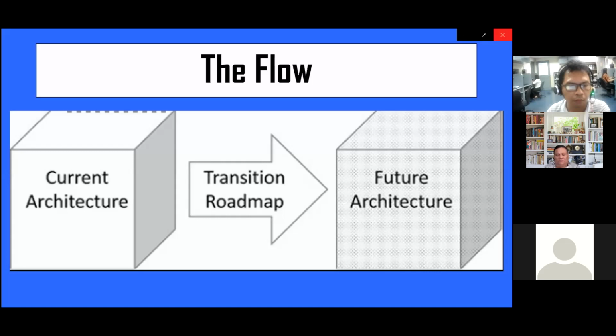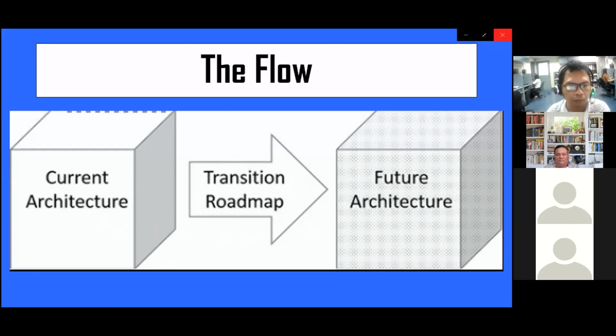As you can see here, on the left you have the current architecture, on the right you have the future architecture, and in the middle you have the transition roadmap. For an enterprise architecture to be successful, first you have to see the current situation. Unlike any problem-solving process, you have to first see the problem. It means assessing the situation. That's where the current architecture will come from.